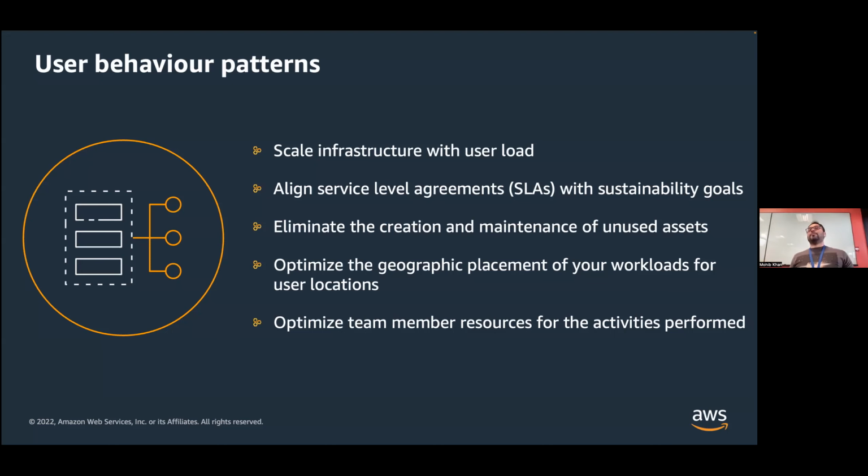For example, if I'm going to build a global application, let's say a fitness or healthcare application that monitors my heartbeat and calorie intake, and I see that most of my users are coming from Egypt or the Middle East, or from the US or Europe, I will choose the regions accordingly, decouple my assets, and optimize the placement of my workload according to my users' locations.